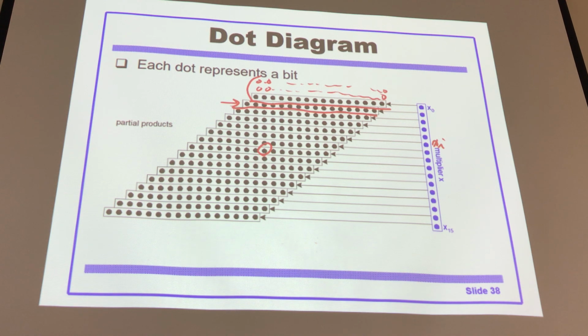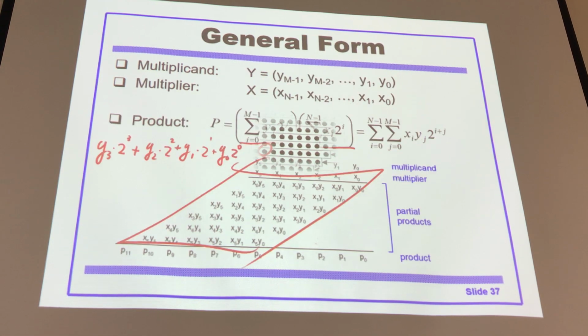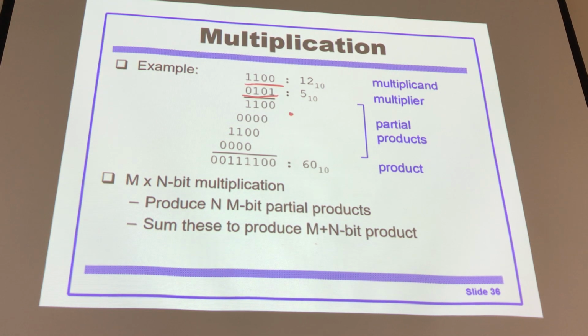So how about we try to reduce the partial products to only one half, only 8 rows. How do you do that? Let's do this. Again, using the same example here, 1100 and 0101. Do the multiplication. How about we look at 2 bits at a time?